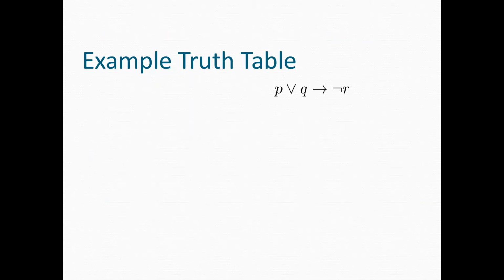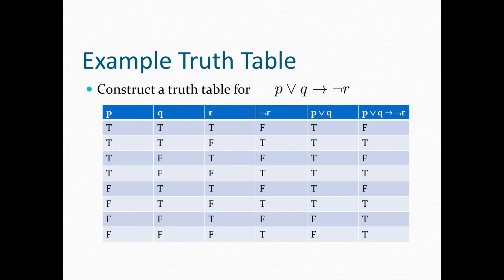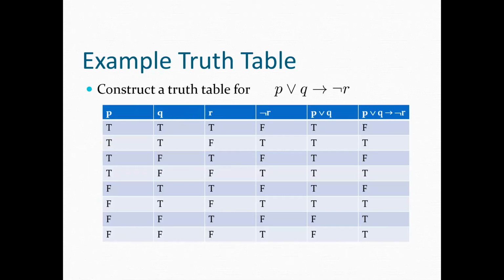So, for example, if we have to form the truth table for P or Q implies negation R, what we need to do is assign one column for P, one column for Q, one column for R, because this statement consists of 3 variables. Now, for 3 variables, how many rows are required? 8. 1, 2, 3, 4, 5, 6, 7, 8.